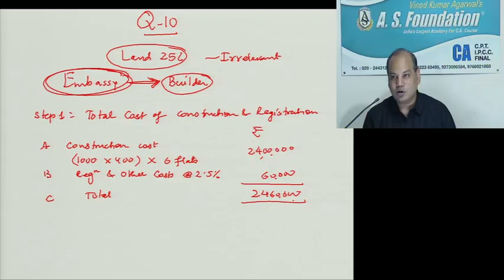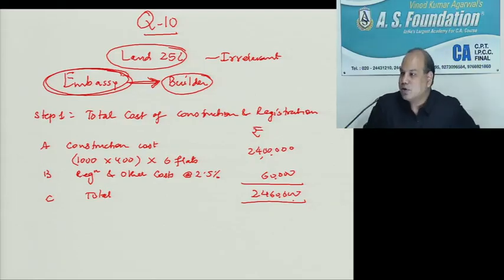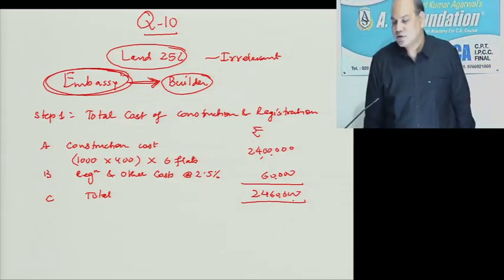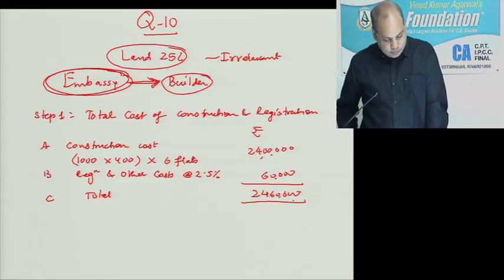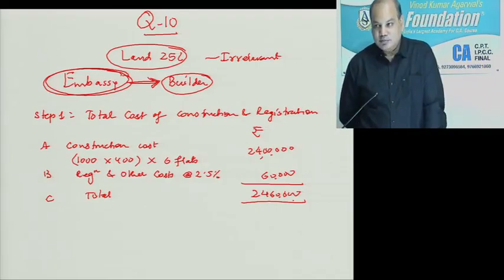Underline the full cost: the full cost of construction and registration will be written off over 15 years by the straight line method, and will be allowed for tax purposes. For 15 years you have to compute the tax shield.